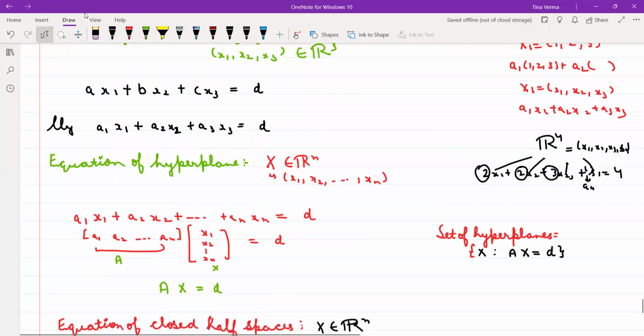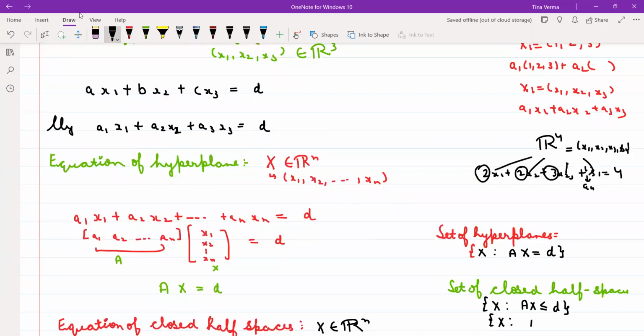When I am talking about the set of closed half spaces, I mean all those x such that Ax is less than or equal to D, or all those x such that Ax is greater than or equal to D. That means the given form, like when I gave 2x1 plus 3x2 plus 5x3 less than or equal to 7, or 3x1 plus 4x2 minus 5x3 less than or equal to 19, or greater than, represents nothing but your closed half spaces, right?